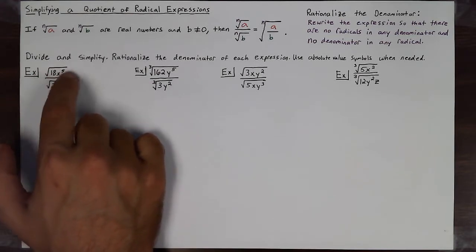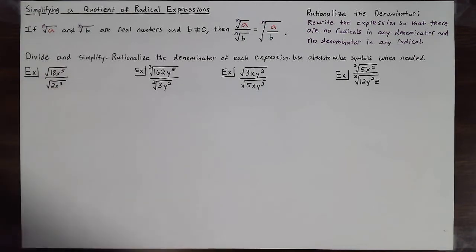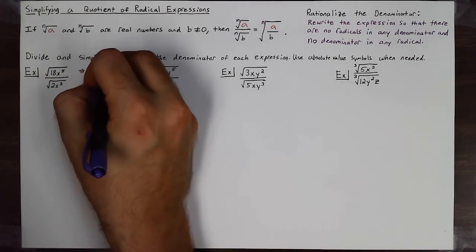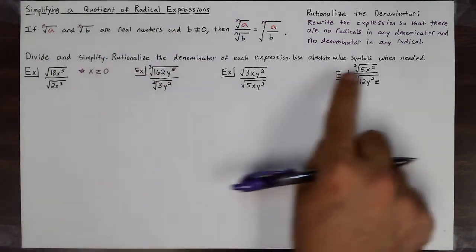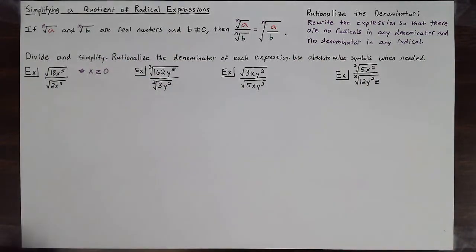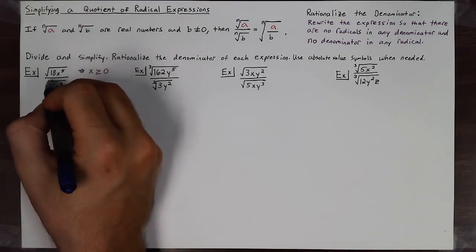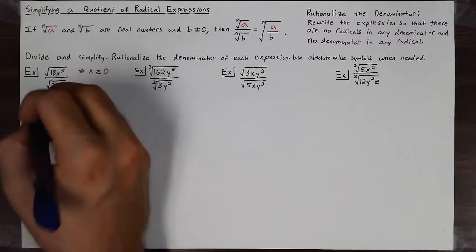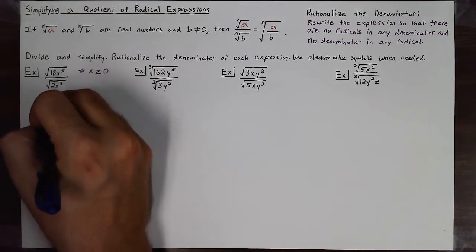But in order to keep this a real expression, we're going to state that x must be greater than or equal to 0. This will help us avoid using absolute value symbols as well. So since they have the same degree, and I'm keeping x greater than 0 to keep them real, I can combine these into one radical.